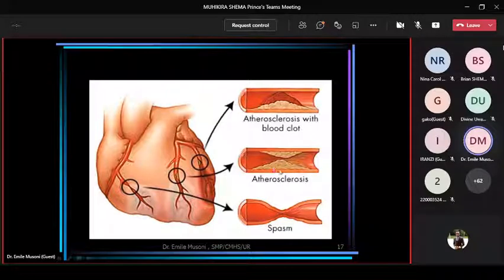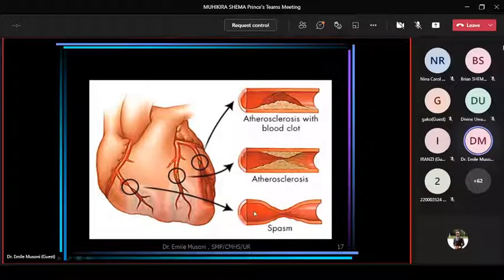You see? Once there is more fat and involvement of the smooth muscle, there will be reduction of the lumen, and here there is a kind of stenosis. Because this part is very small and this part is very big, suppose the blood is coming from here.